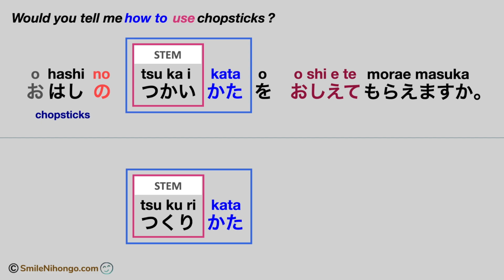And when you use the expression kata, you mark the direct object with the particle no as you see here. So how to use chopsticks is お箸の使い方.